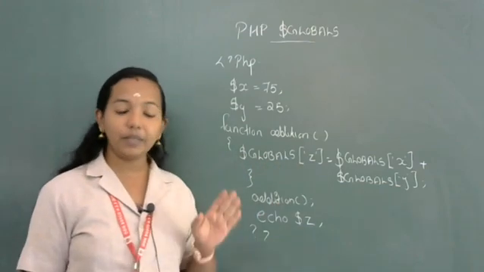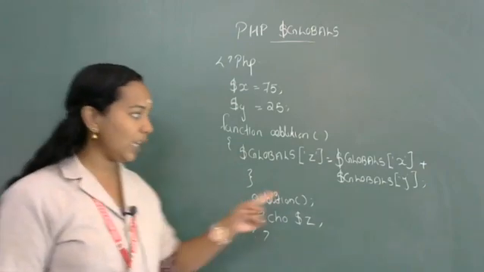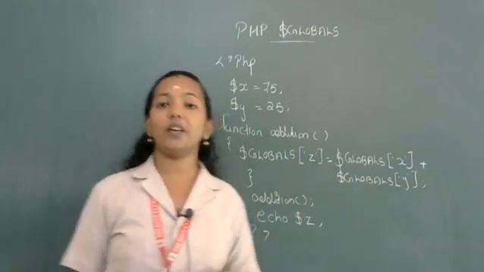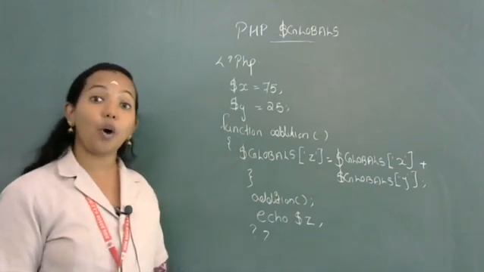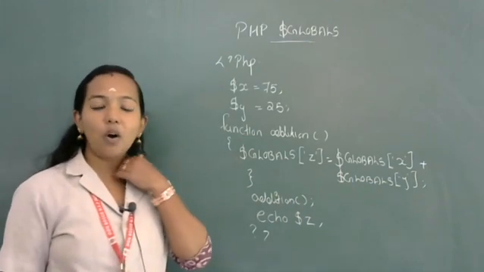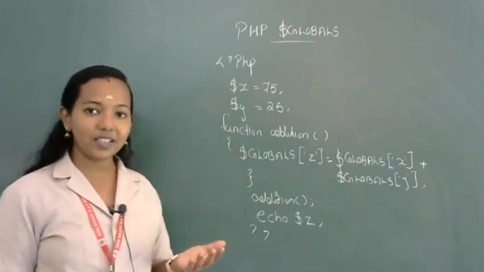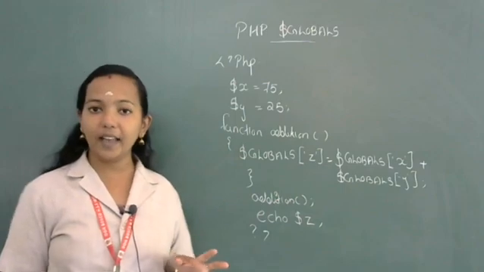I am declaring $globals set as a global variable equal to $globals of x plus $globals of y. So all these variables belong to the global category. Global variables can be used outside and inside.